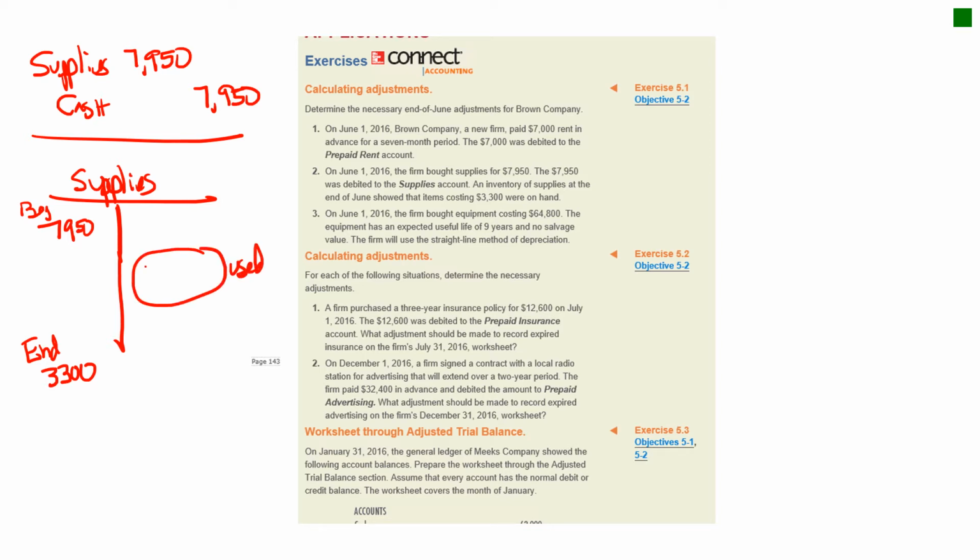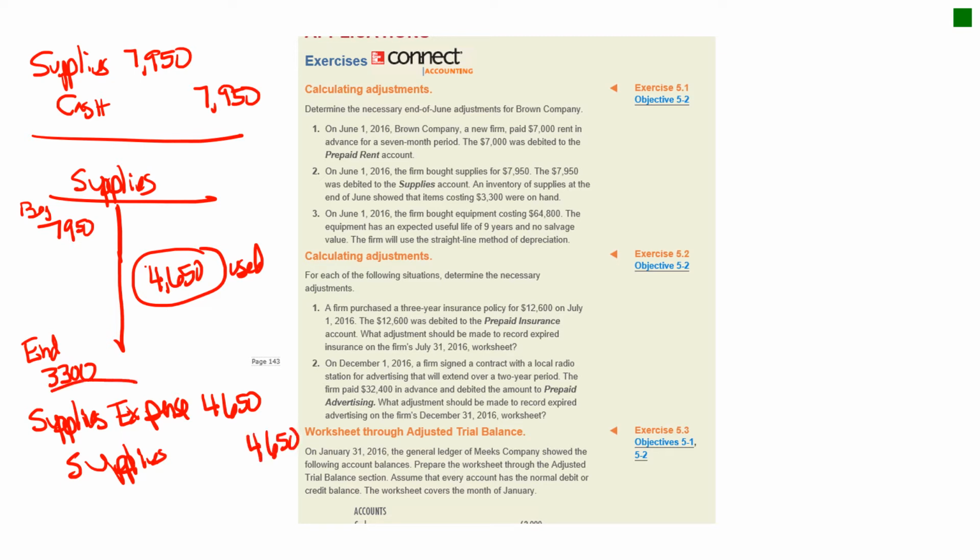In this case, if you just subtract, that's going to be $4,650. So that's going to be your adjusting entry. You would book an adjusting entry for supplies expense, $4,650. You'd credit supplies for $4,650. I'll circle this. Guys, that would be your adjusting entry for number 2.